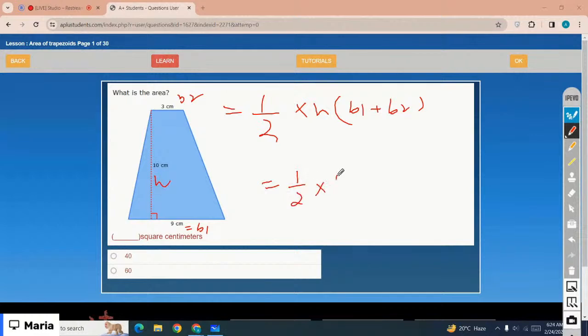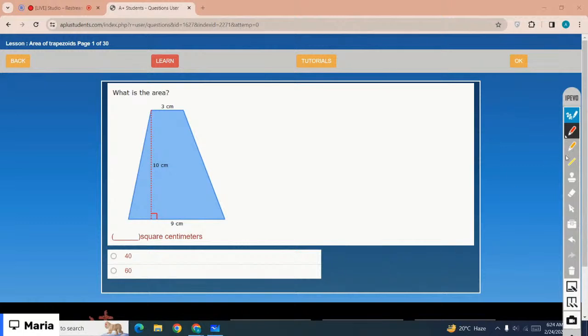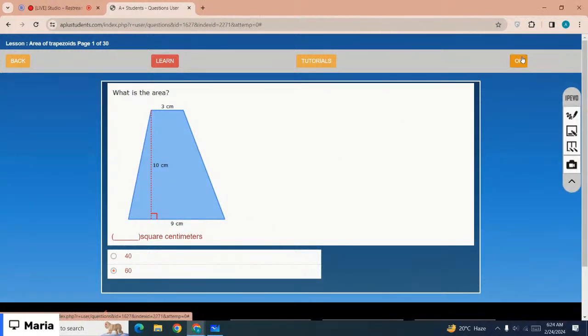So 1 over 2 times height 10, with b1 as 9 and b2 as 3, so the sum is 12. 10 times 12 is 120, and 120 divided by 2 equals 60 square centimeters. The area of this trapezoid is 60 square centimeters. Got it? Option number 2 is the correct option.